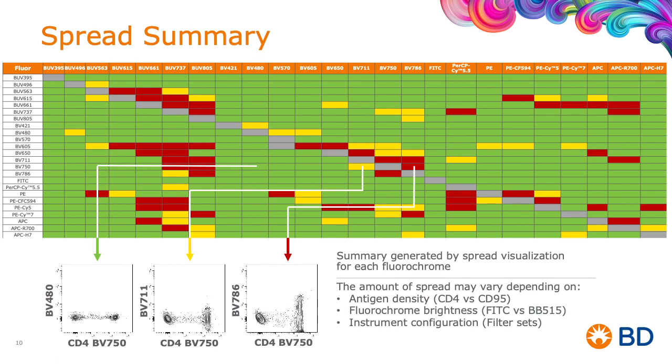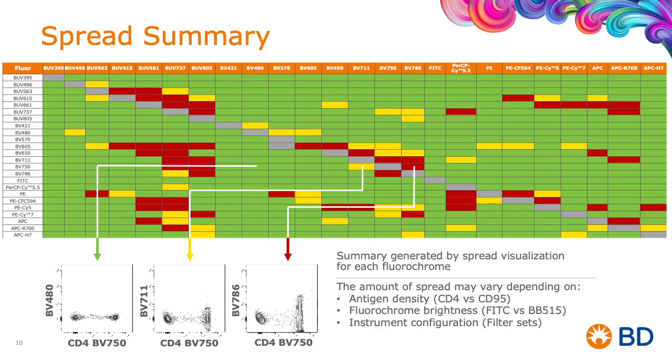How do we create this matrix? How do we read it? Let's take, for example, BV750, like you see in the plots. If you look at the matrix, around the middle, you can find BV750.